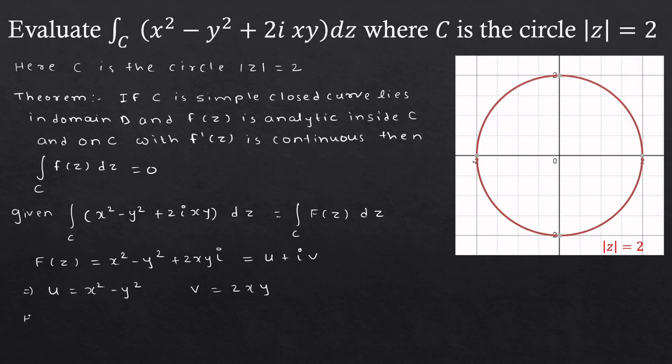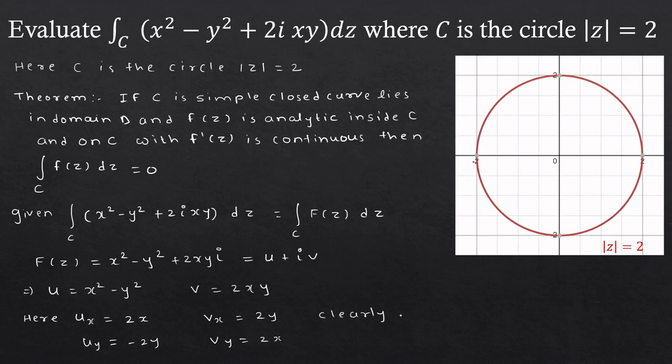Now here, ux, the partial derivative of u with respect to x, is 2x. uy, the partial derivative of u with respect to y, is −2y. vx is 2y and vy is 2x.